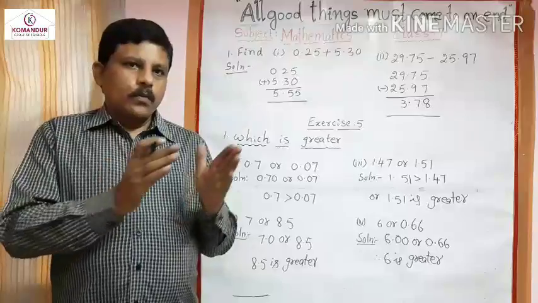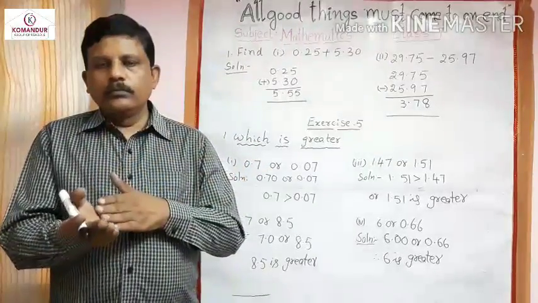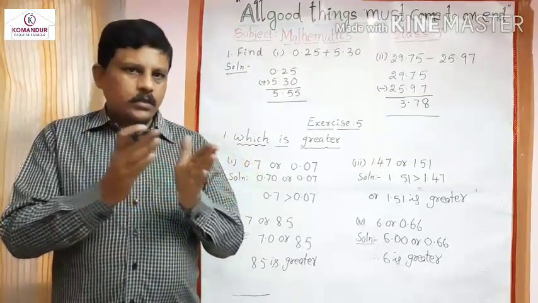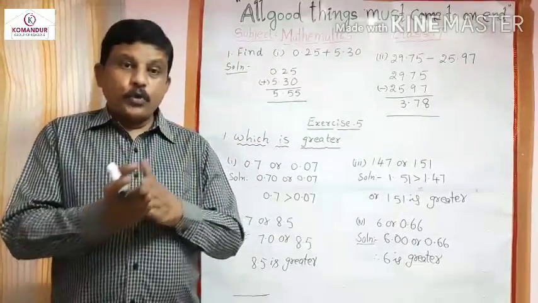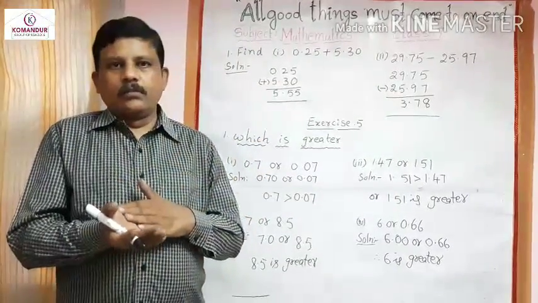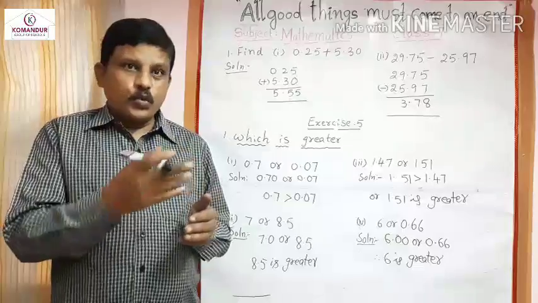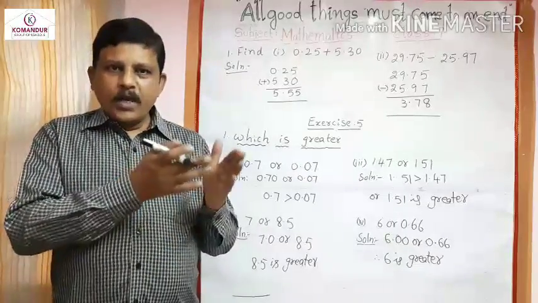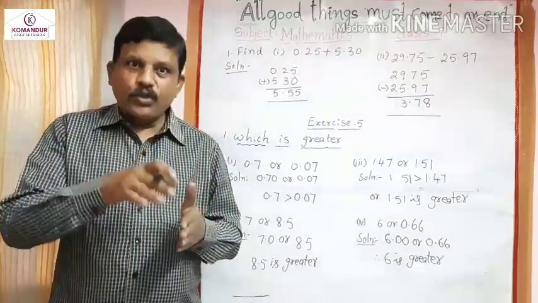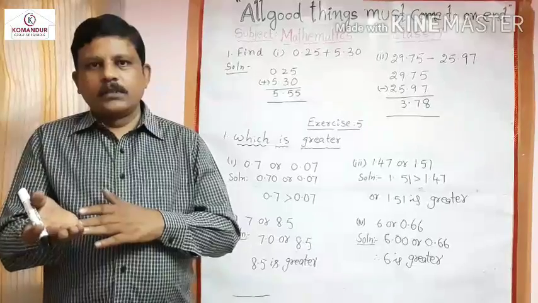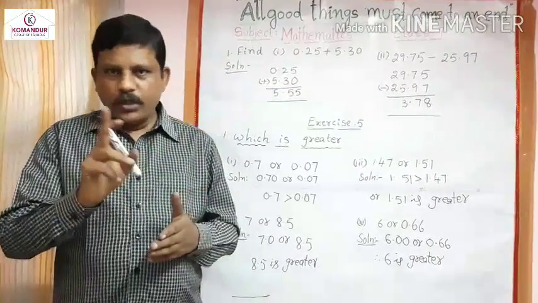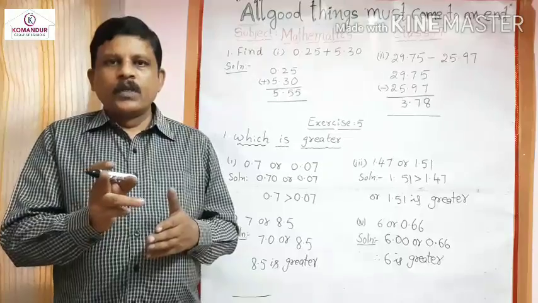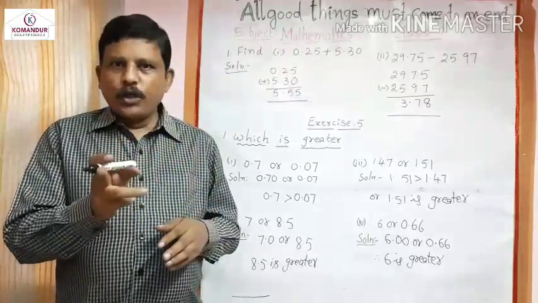Now, meters to kilometers. Listen: 1 meter equals 1 by 1000 kilometers. Don't confuse that with 1 kilometer equals 1000 meters.